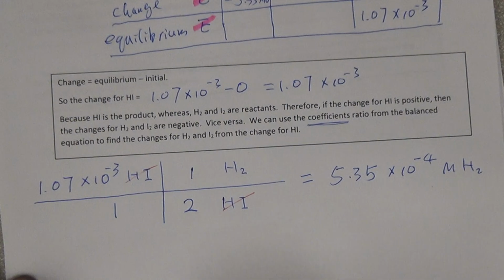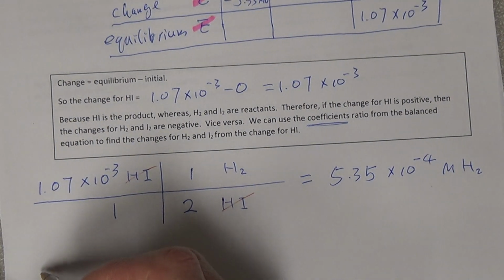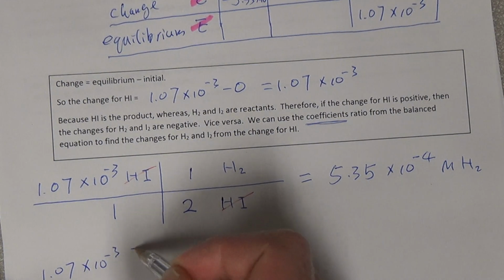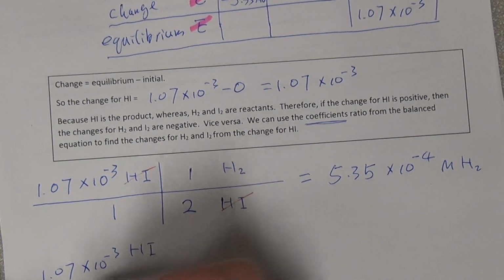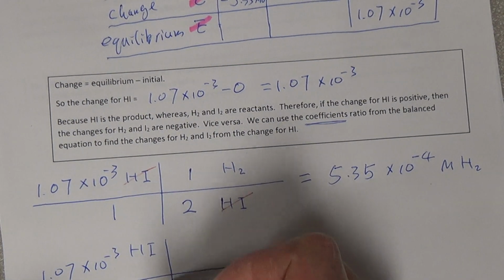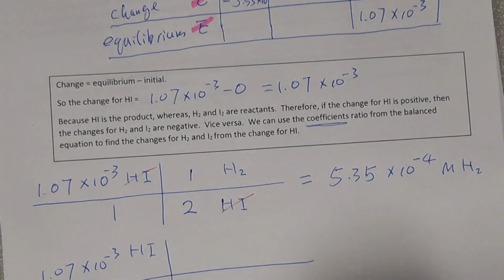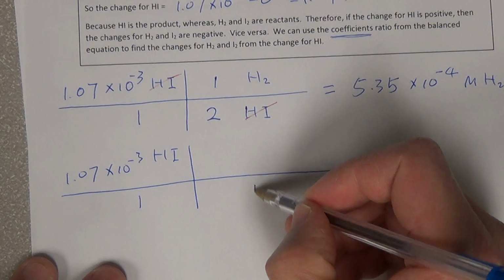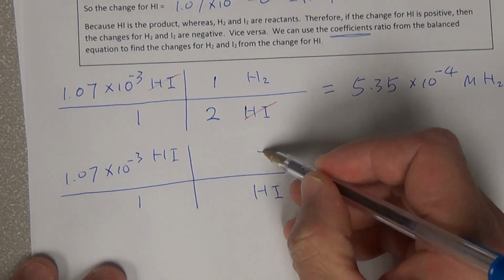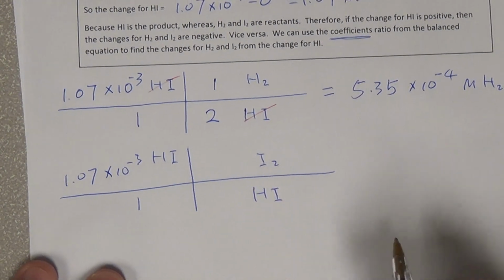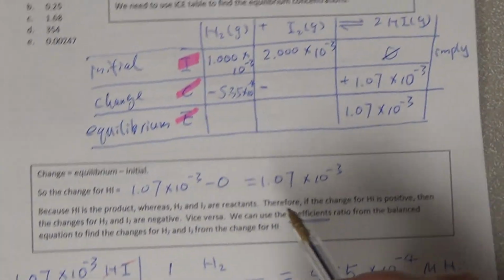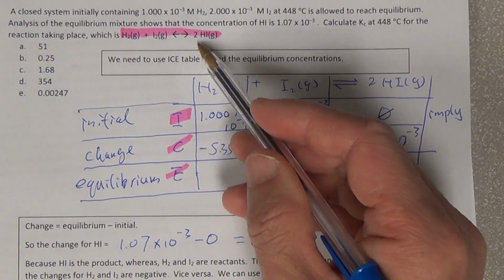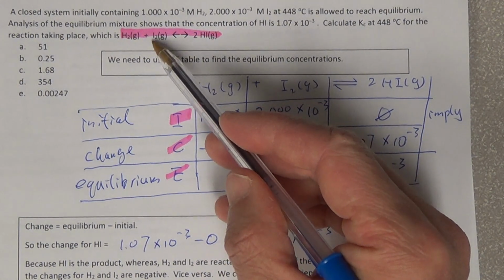Now similarly, do the calculation for I2. We start with 1.07 times 10 to the negative 3 HI over 1. Anything divided by 1 is still the same. Here again we want to cancel out HI and get I2. So similarly, you go to the balanced equation. The coefficient for HI is 2, and the coefficient for I2 is 1.